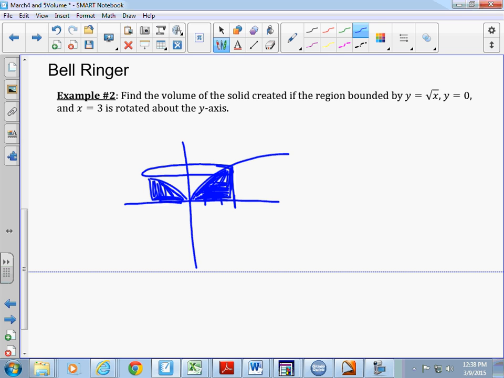So what cross-section shape are we going to get? They will be circles. Discs or washers is my question. Washers. Why washers? Because there's a gap in the middle. So I know that I am doing the washer formula.